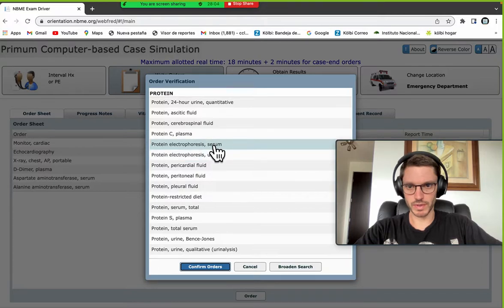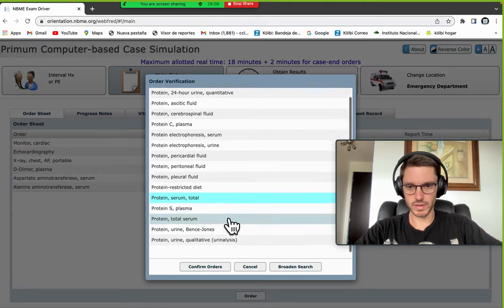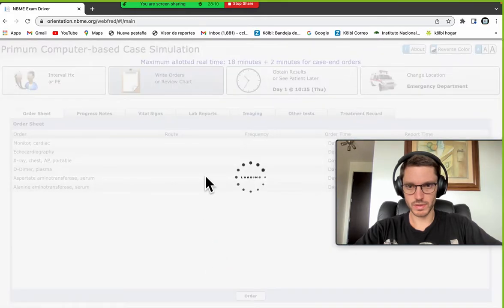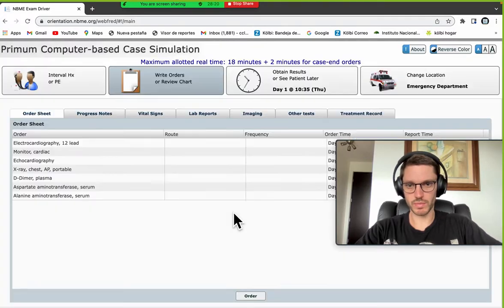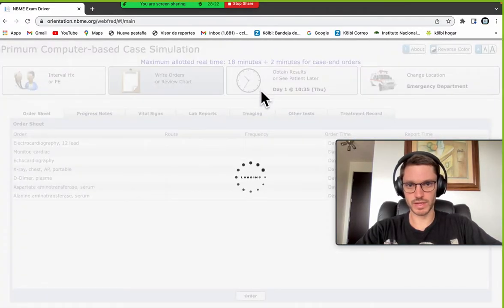Protein, serum protein. Yeah. Another EKG won't do harm, but I want to see the next available.